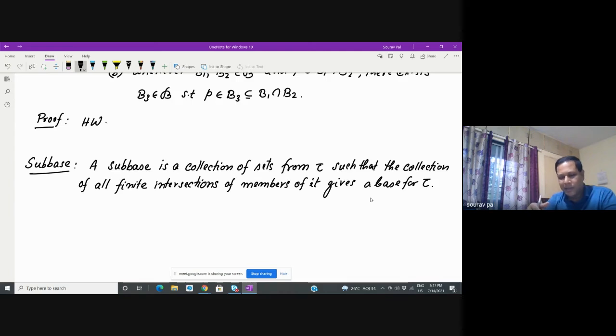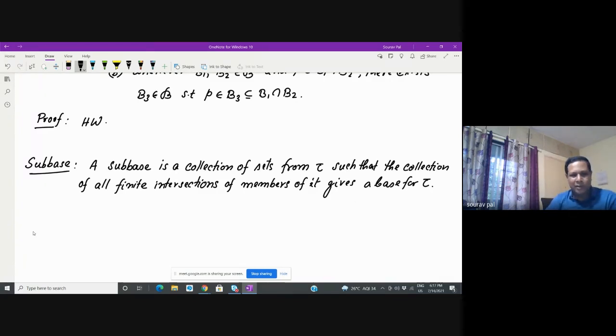So, as I said, if you know the base, you know the topology. And once again, if you know the subbase, then also you know the topology. Because if you know the subbase, you know the base, and once you know the base, you know how to generate the topology by taking all possible unions. Okay.